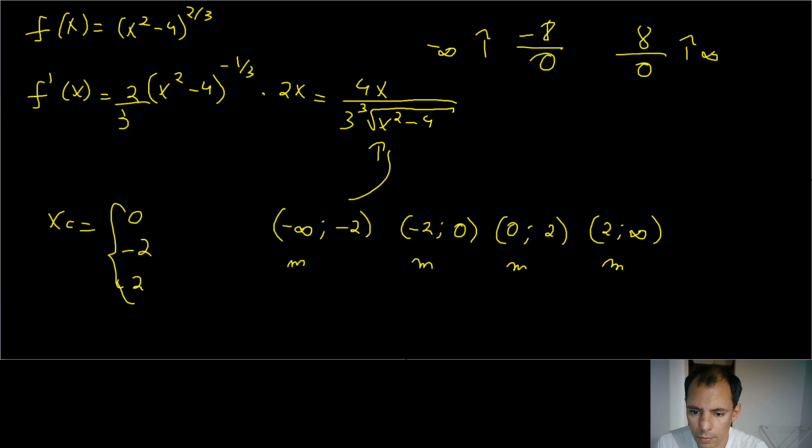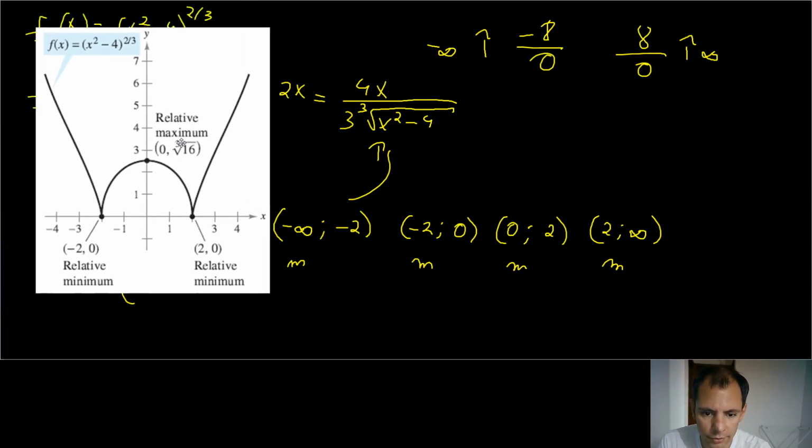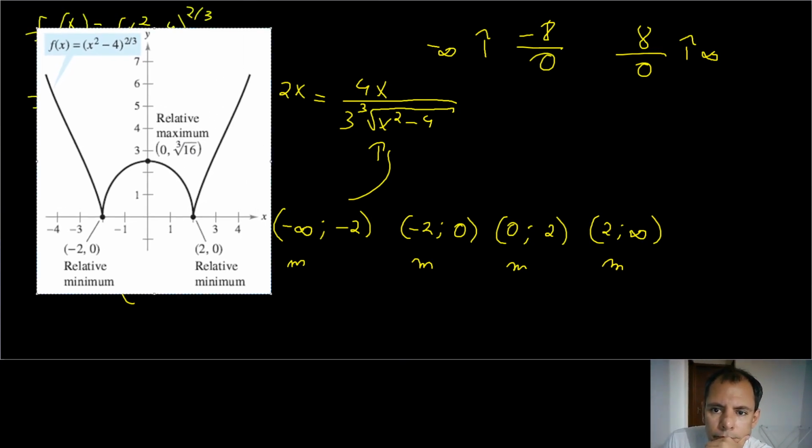Okay, let me show you the graph. There's the graph. Now from negative infinity to minus 2, you see here you got x equals 0, x equals minus 1, x equals minus 2.